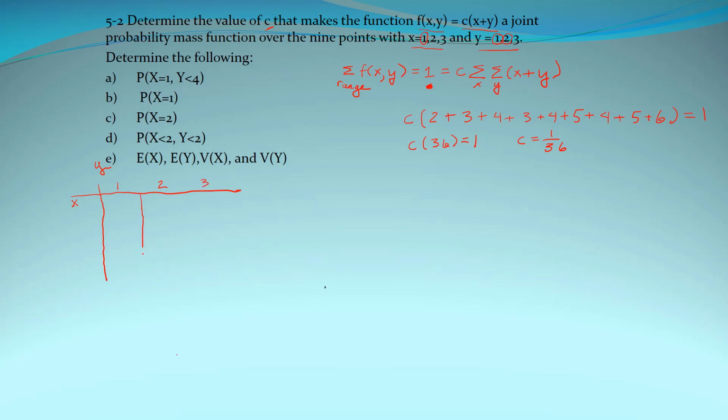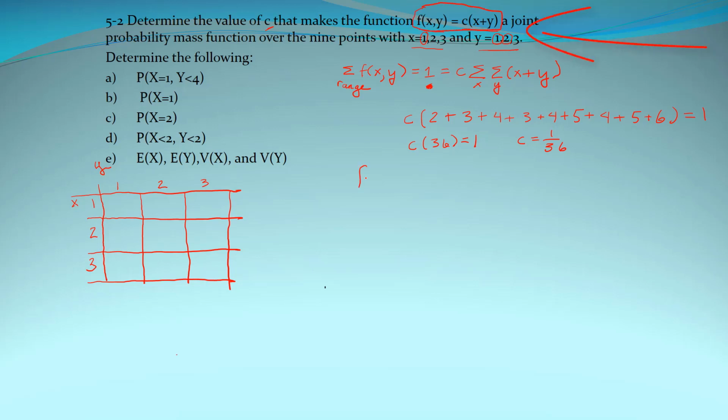Let's draw a little line here and make it all nice and neat. And x can go from 1, 2, and 3. Now, all we have to do is plug in. The formula is right up here, circling it. f of each of those x's and y's is 1 over 36 times x plus y.